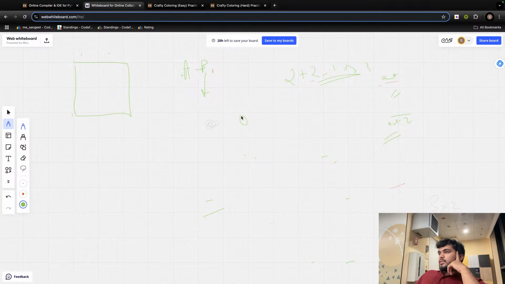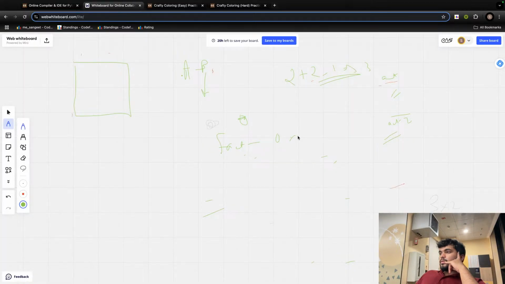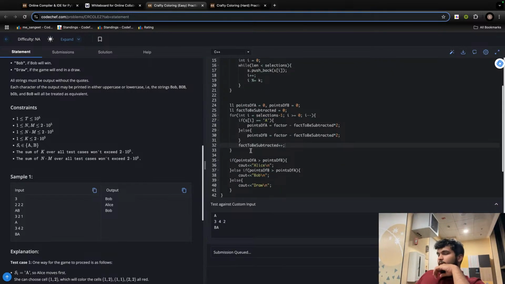So B will be getting factor minus factor to be subtracted, which is initially 0, into 2. So B will be getting 3, and A will be getting factor, which is 3, minus 1 into 2. Okay, got it. This needed to be factor to be subtracted plus plus. But again, this will not solve the time limit exceeded thing.